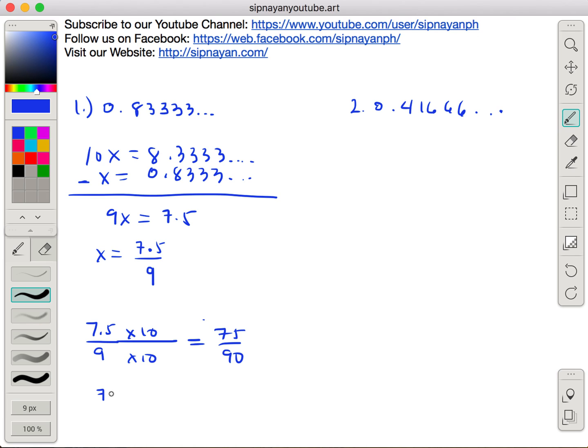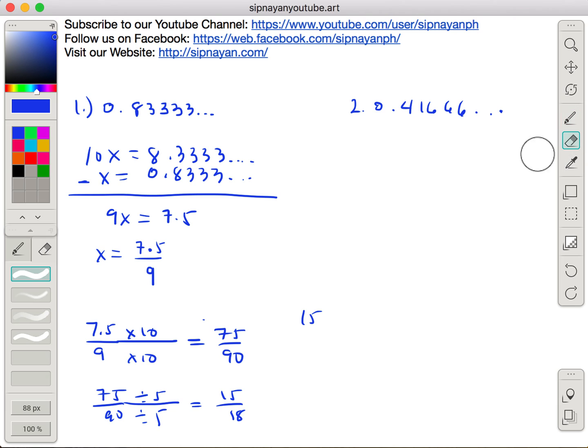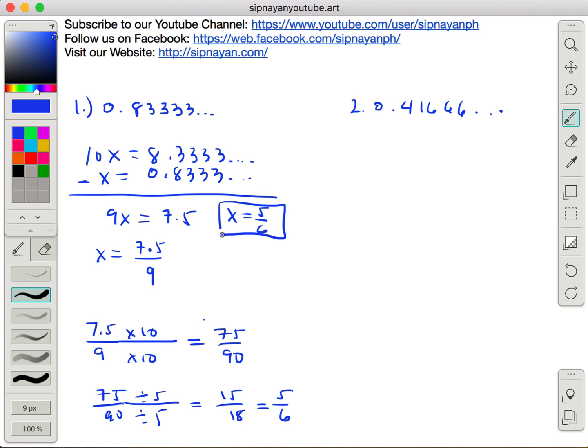And 75 over 90 can be reduced to lowest terms. Ano kaya kung dinivide natin by 5? Magiging 15 over 18. And if we further divide by 3, both the numerator and the denominator will have 5 over 6. So, dito ang x natin ay 5/6. Alright?